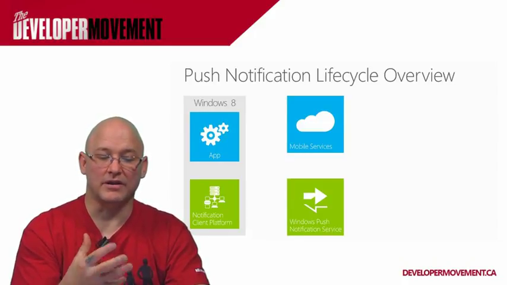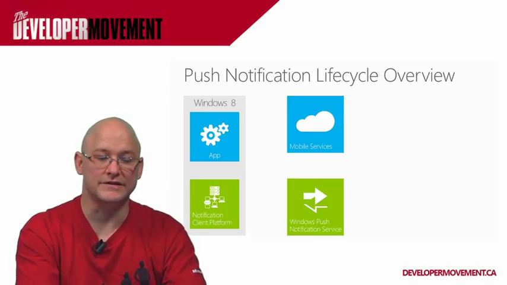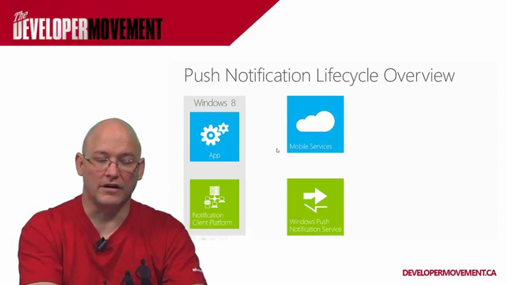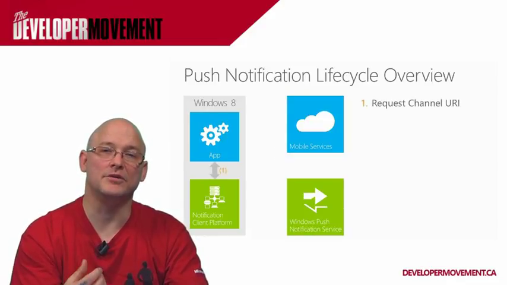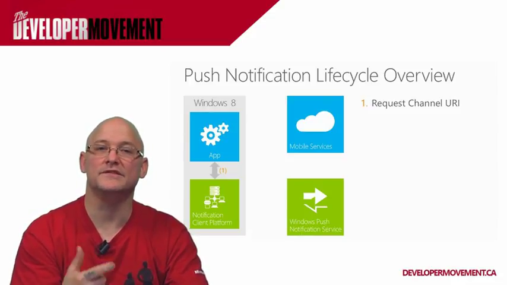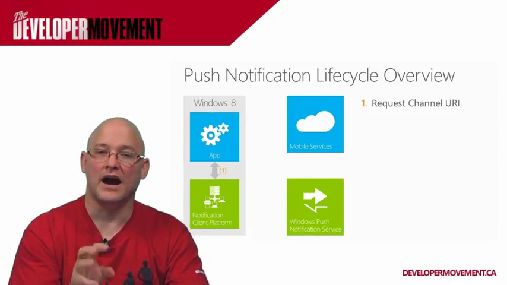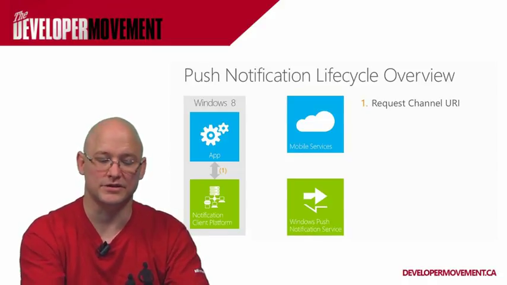So basically, your application would be connected to their applicable push notification services, and then from there, they'd start off by requesting a channel URI. That basically establishes a link between that application and that push notification service, so that the notification service says, I'm actually talking to this instance of that particular application.